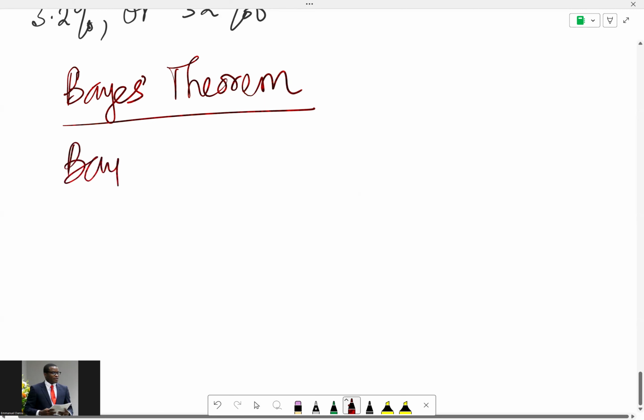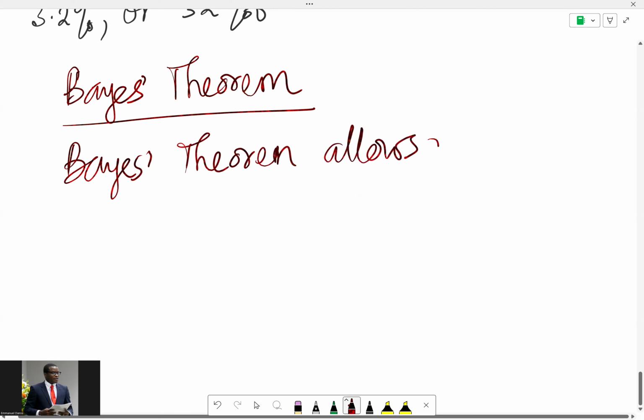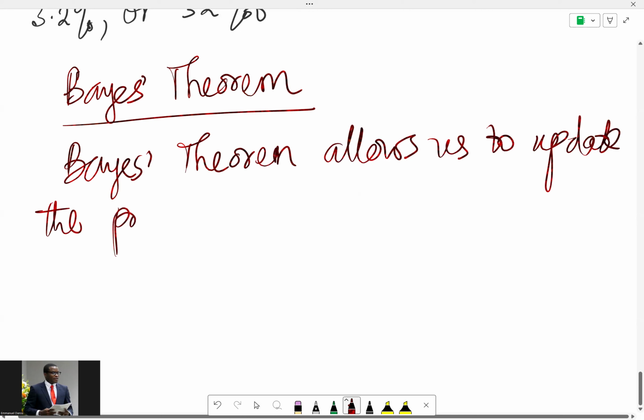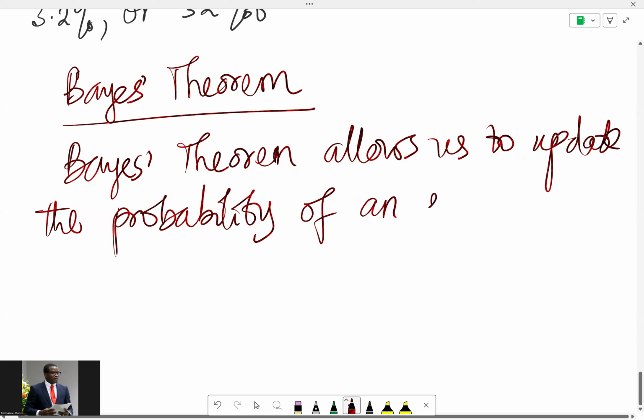Bayes theorem allows us to update the probability of an event based on new information.